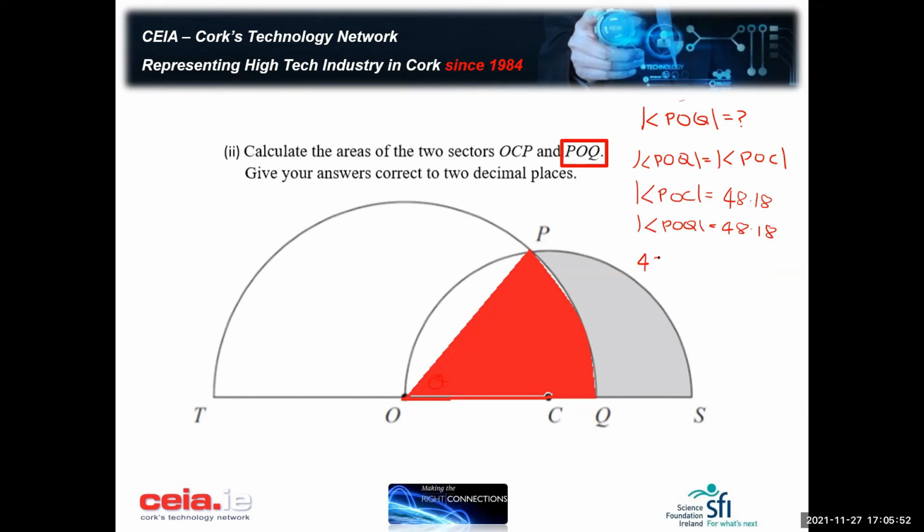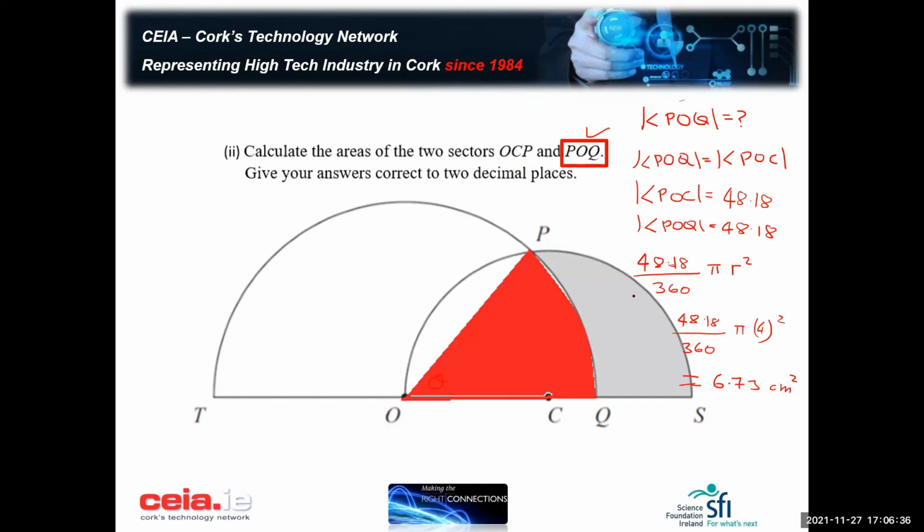It's 48.18 over 360 times pi times r squared, and in this case, because we're looking at the semicircle on the left-hand side of the entire system, r is 4. So that's 4 squared. That equals 6.73 centimeters squared. Now we have found the areas of the two sectors: the area of OCP, and we have just found the area of sector POQ.